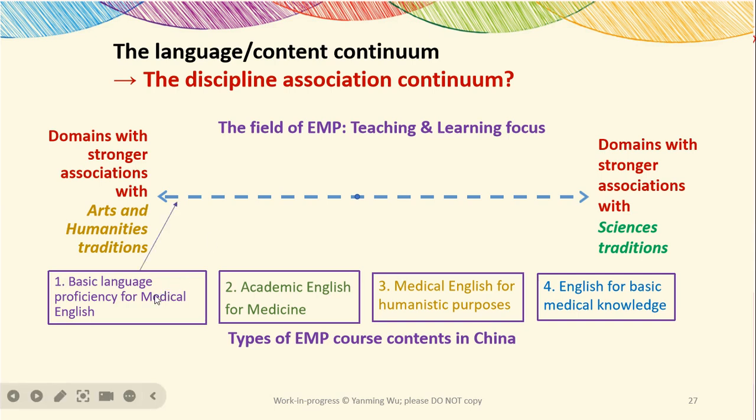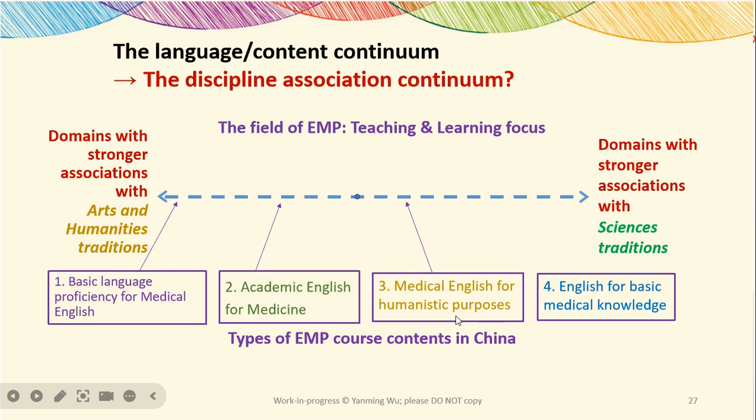for example, basic language proficiency for medical English will lean towards the end with stronger association with arts and humanities traditions. Academic English for medicine is probably around the middle, but leans towards the arts and humanities traditions.